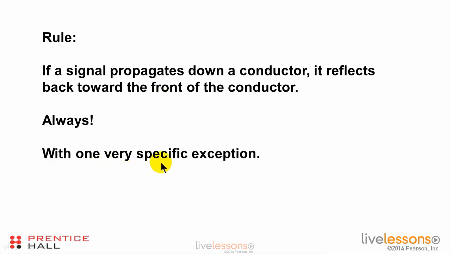There's only one very specific exception to that rule, and that exception is so specific that it's virtually impossible for it to happen by accident. The engineer would have to specifically design in the circuit to prevent the reflection if that's going to happen. Otherwise, it is always true that there is a reflection back.